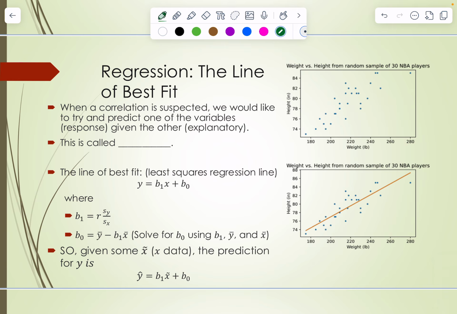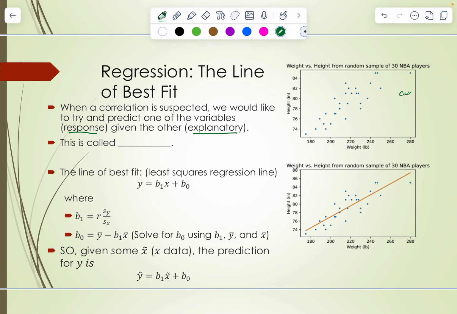So you'll recall that before we were working with a scatter plot. And when a correlation is suspected, we would like to try and predict one of the variables, the response variable, given the explanatory or predictor variable. So that goes back to what I said before.